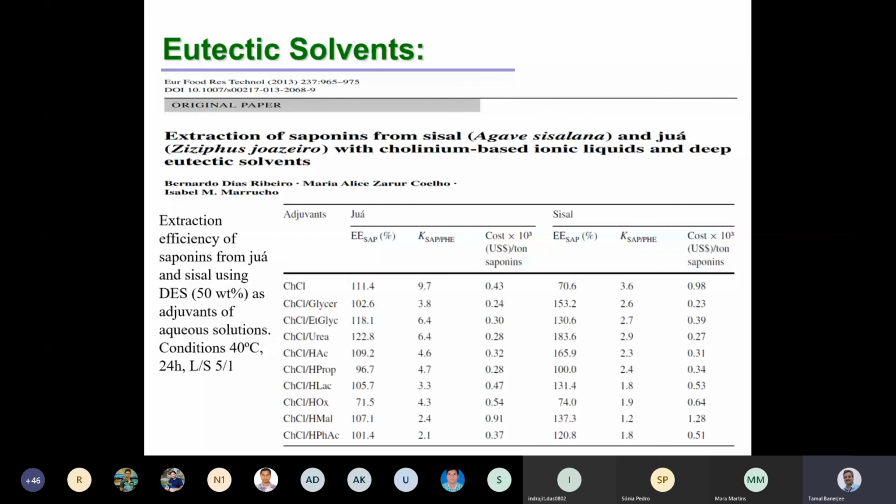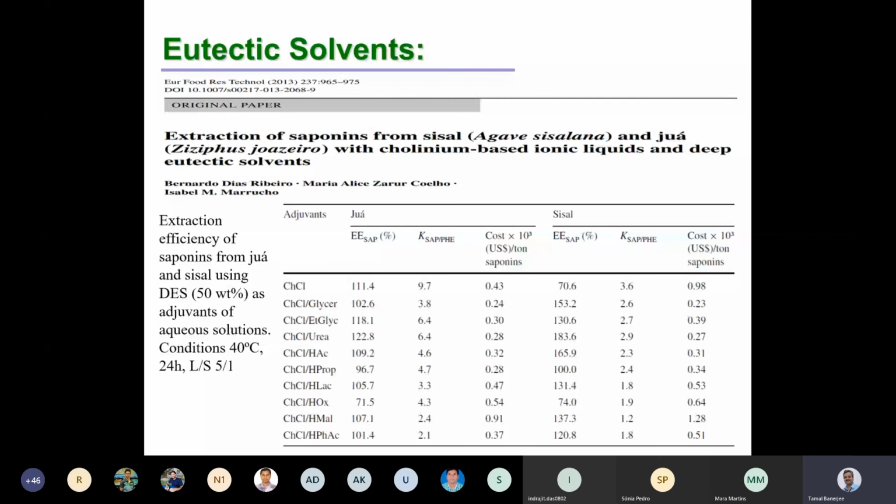Then you see that choline chloride urea is very good, for both raw materials, both joa and sisal. In this work, we make a partition, not a partition, a distribution in the solutions of the saponins and phenolic compounds.